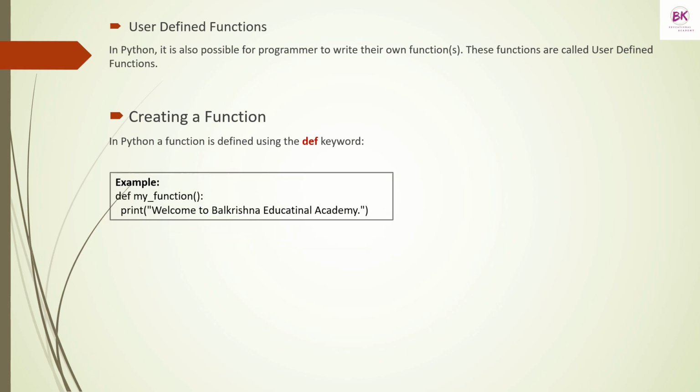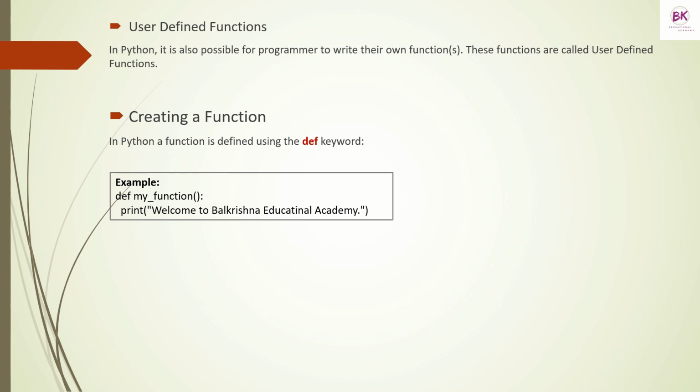Let's take an example. Here is a simple example of creating a user-defined function in Python. It starts with the def keyword, and this is the name of the function. You can define any name over here. For example, I have created my function and printed a statement, welcome to Bal-krishna Educational Academy. Now this function is created, but there is no output of this function yet on the screen.